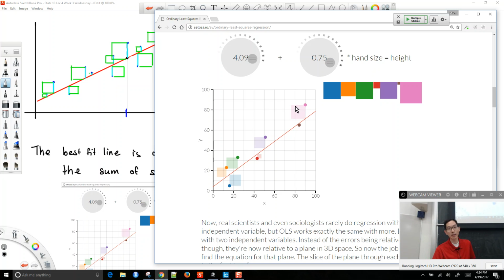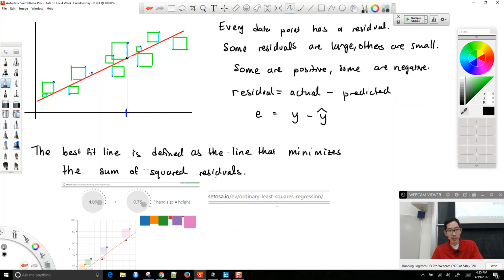If I had to draw all of these boxes and paint them in, but the paint is made out of gold, we'd want to minimize the amount of gold paint used, in this ridiculous example. We want to find the line that minimizes the size of all of those boxes. So the best fit line is defined as the line that minimizes the sum of squared residuals.